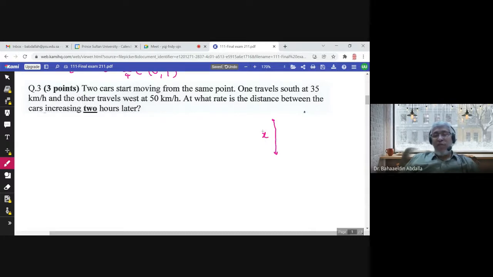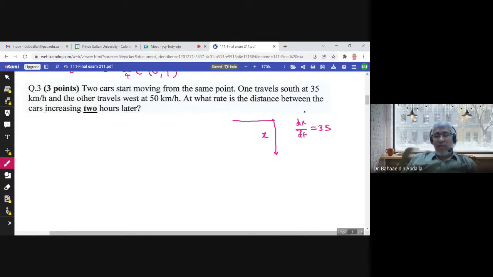So this is the change of x. So dx by dt is 35 kilometers per hour.